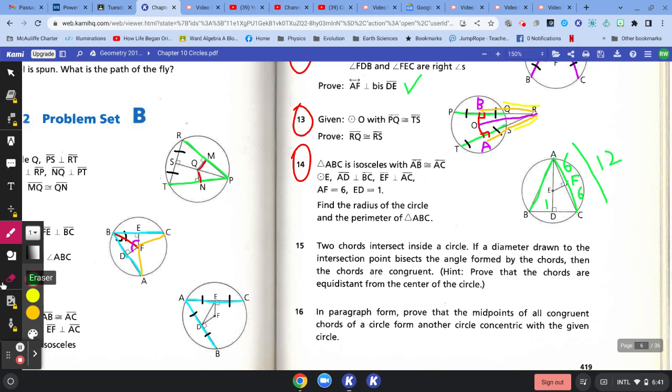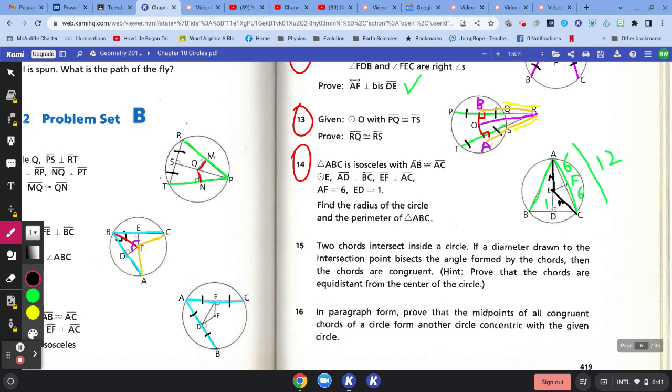Now, the next thing we could do is draw another segment. Let's draw this segment here, EC. Now that's a radius, and it's going to be congruent to EA. Since one of the first things we want to find is the radius of the circle, let's label that radius R. Now what we've just done is we've set up parts of a right triangle.